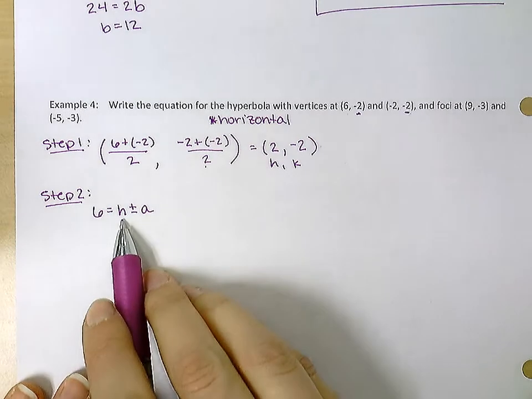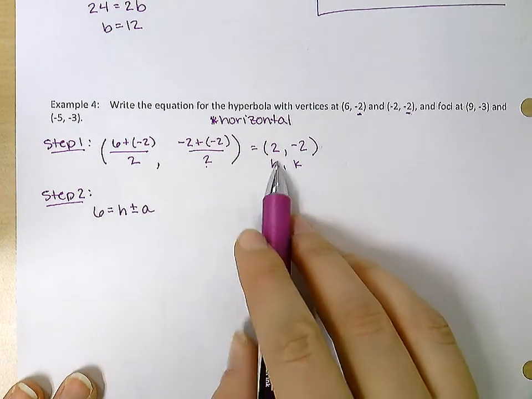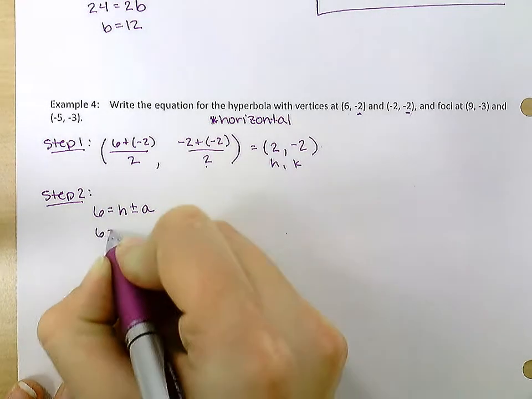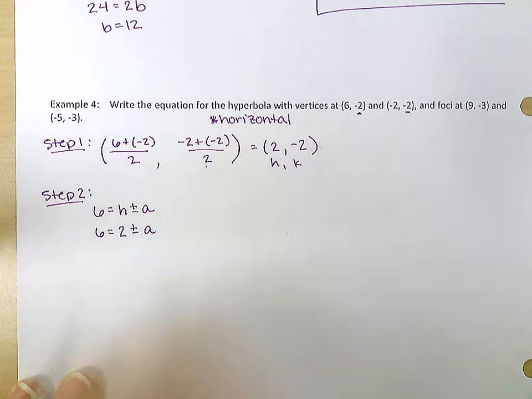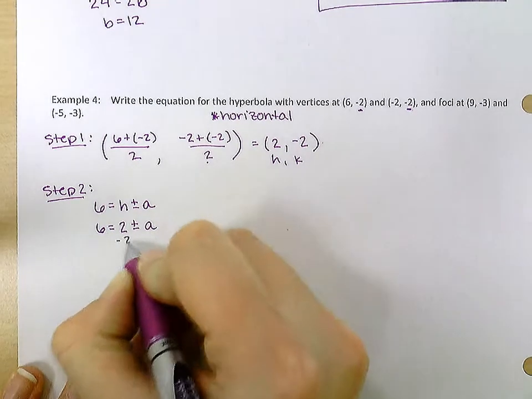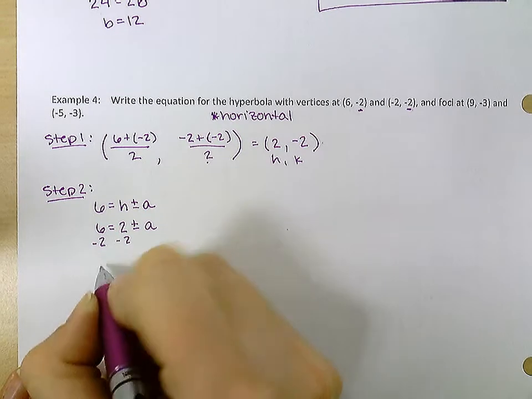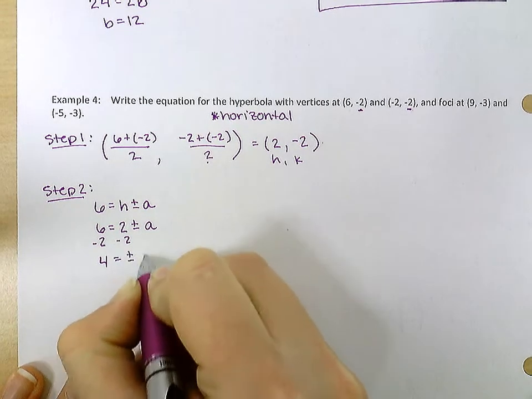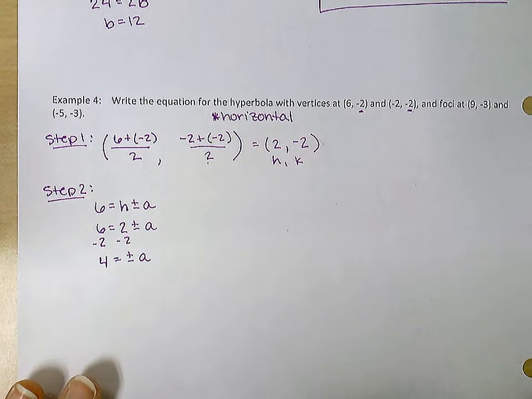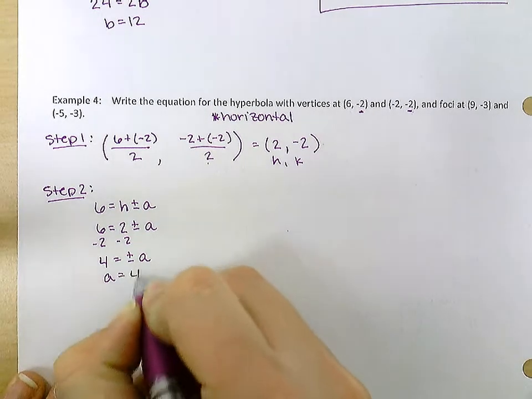Again, we know what h is from our center. H is 2, so I need to plug 2 in for h. From here, I want a by itself, so subtract 2 to get 4. And again, this always has to be positive, so a is just going to equal 4.